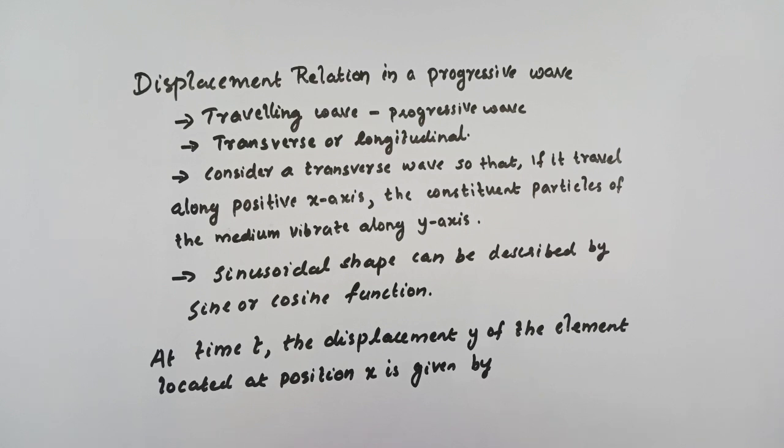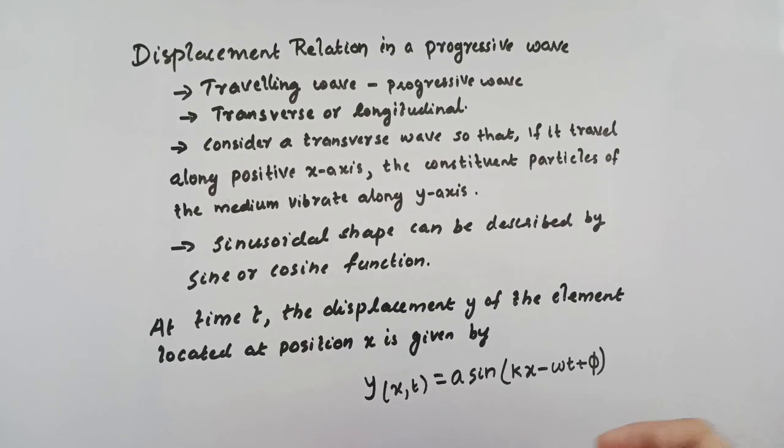Okay. Then a sinusoidal shape can be described by sine or cosine function. The wave will be of sinusoidal shape. Okay. At time t, the displacement y of the element located at position x is given by y(x,t) = a sin(kx − ωt + φ).